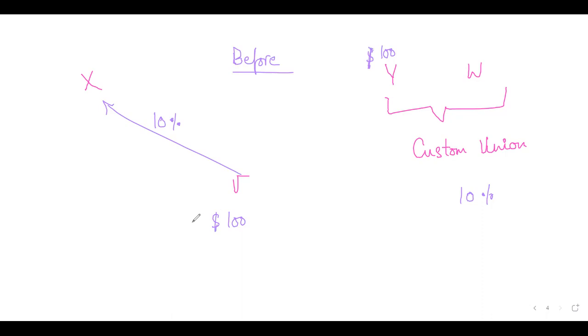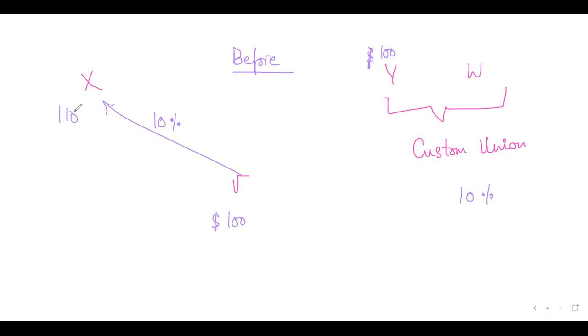No, I'm talking about before, Zohan. This is before, because it says before X imported from V. Now with a 10% tariff, is this clear, Zohan? The V car would have cost X how much? The car that you're importing from V would have cost 110, because of the 10% tariff.